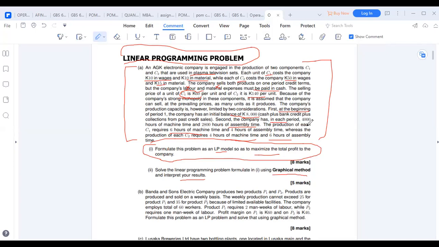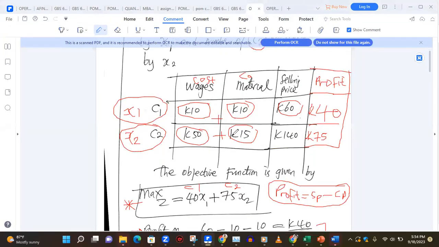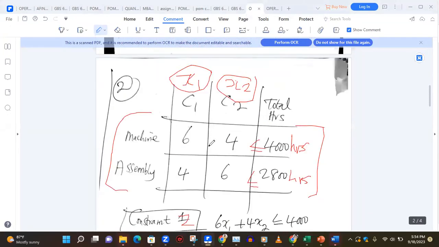So the production of each C1 requires 6 hours of machine. So this is where we looked at the machine and assembly. So this is for constraint 2, and then this was for constraint 3.